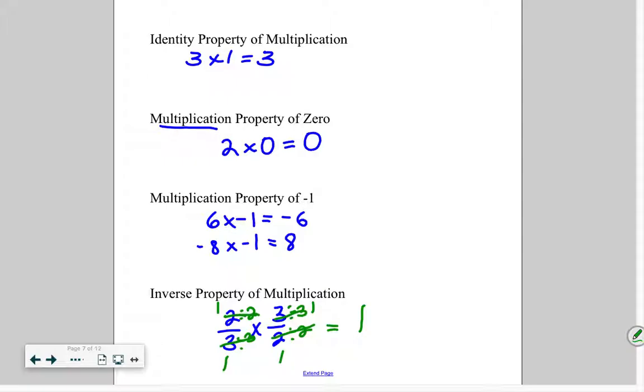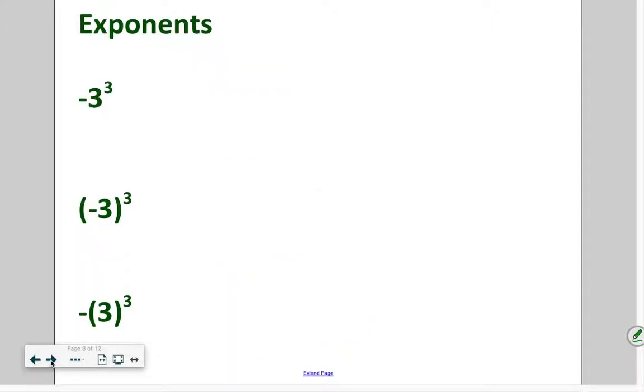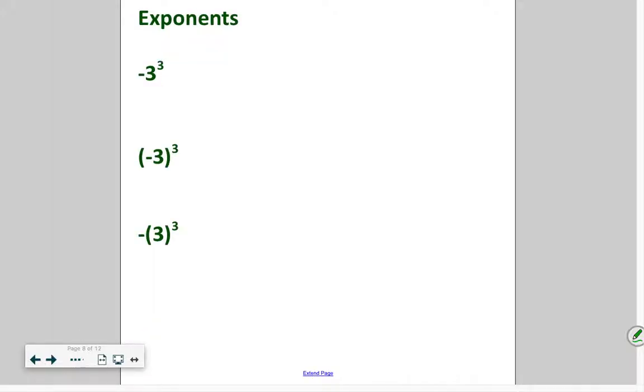Exponents. We have 3 different types of questions. Some are in parentheses, some are not. Who can explain how we're supposed to think about the very first question here? How are we supposed to think about that first one? 3 cubed times -1?